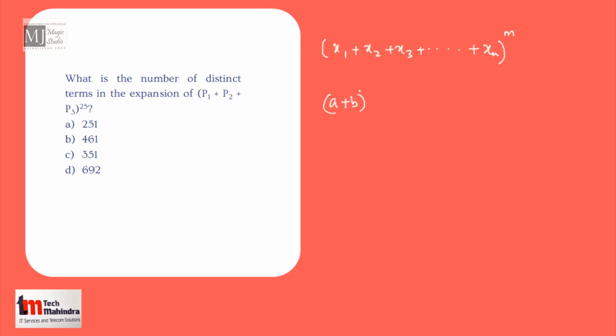If I ask you how many terms are there in a plus b to the power 2, you will say it is a square plus 2ab plus b square. So there are 3 terms.